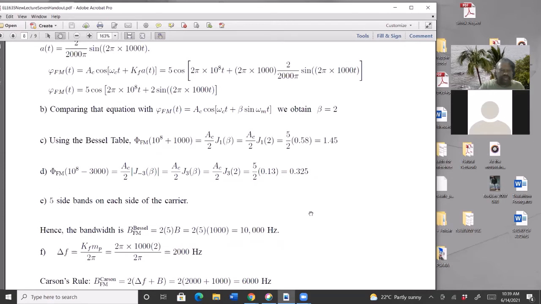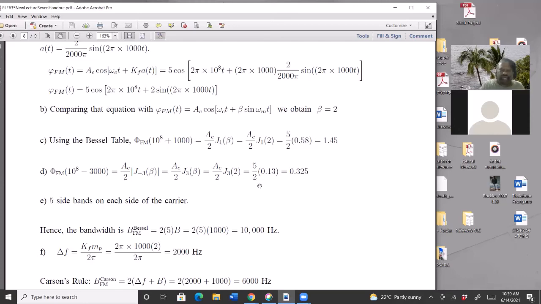Since I am just asking the amplitude, I put an absolute value, so I don't have to worry about the negative thing. Like I told you, in the exam I'm not going to worry about the negative. I will ask you the magnitude of the amplitude spectrum. So AC over 2, J3 at 2.